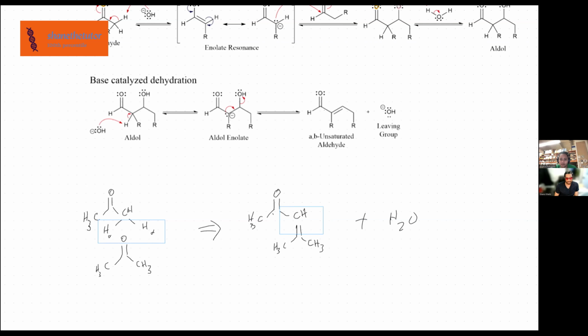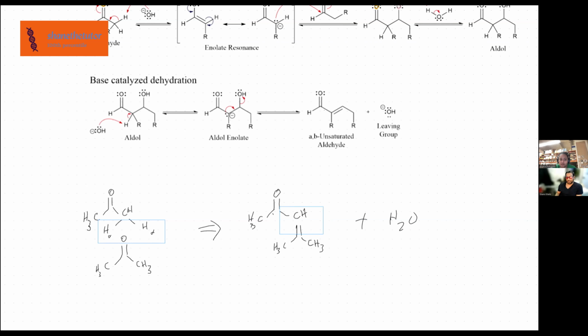Once it's deprotonated, it'll be called an enolate, and it can have a negative charge on the alpha carbon, and that can nucleophilically attack another identical molecule and thus form a bond with it.